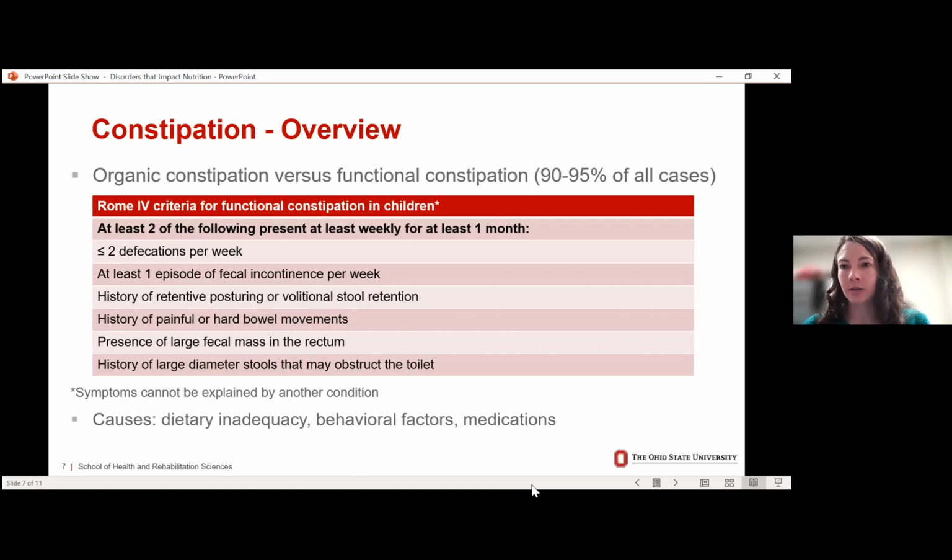If there's anxiety around toileting, or the person is withholding for some reason, that would be behavioral factors. Some medications are also associated with a higher risk for constipation. And something I don't have on here is that high emotional stress and anxiety has been associated with constipation as well as decreased physical activity. So more of that sedentary behavior, people who are more immobile.